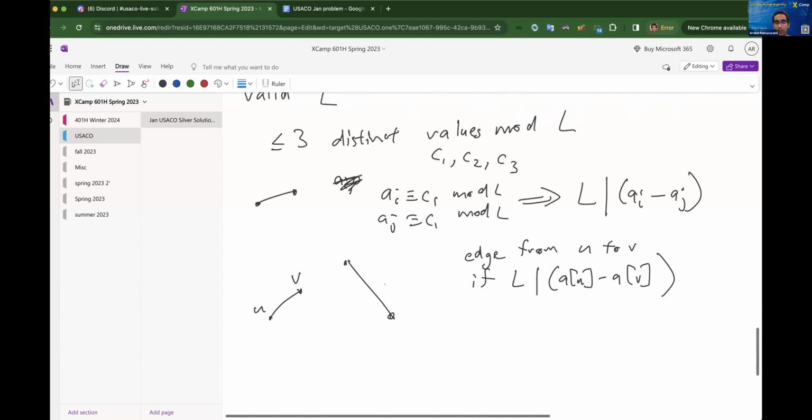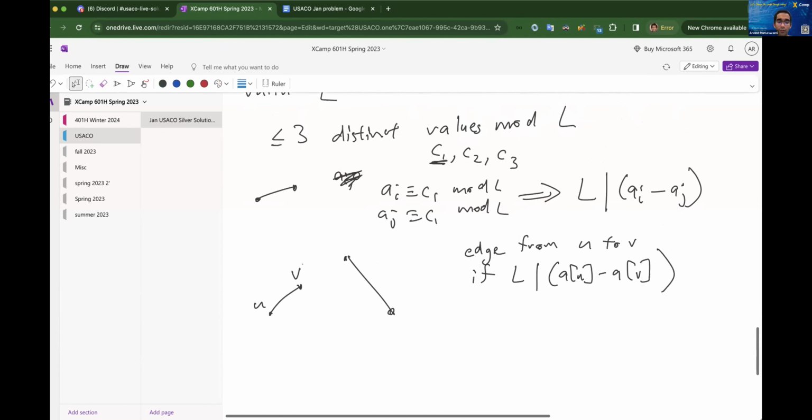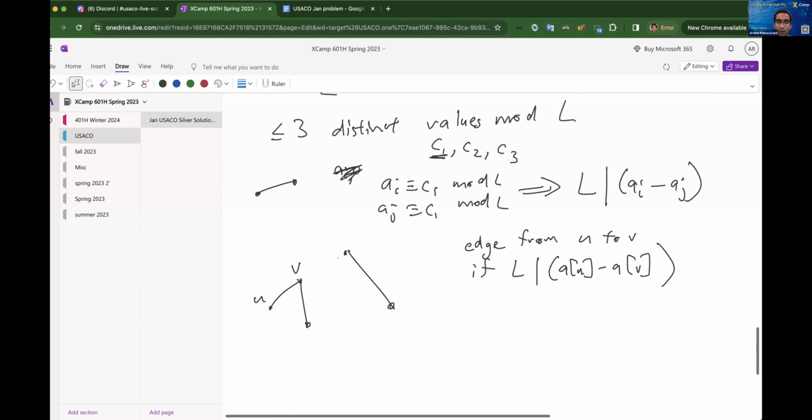For everything that's equivalent to C1 mod L, they're going to form a connected component, because L can divide the difference if they have the same residue mod L. So there's going to be at most 3 connected components.